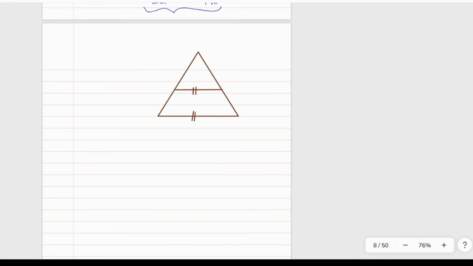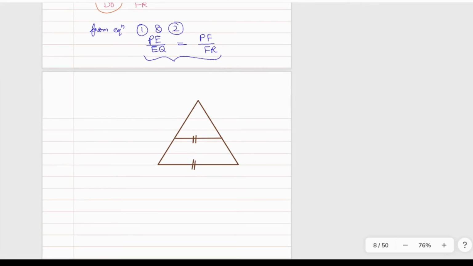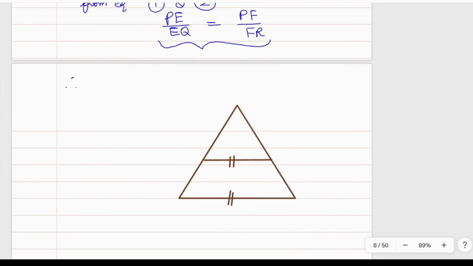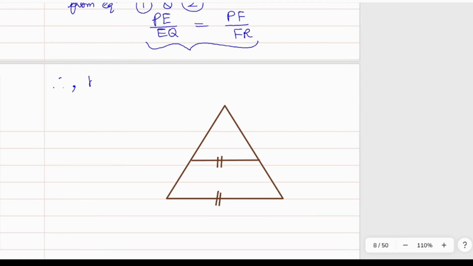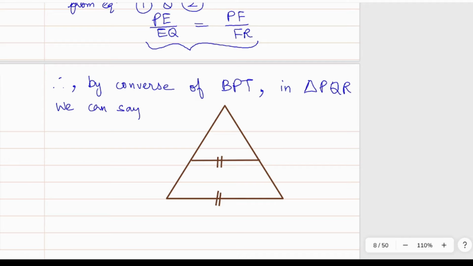At the end, we had to write, therefore, by converse of BPT theorem, in triangle PQR, we can say that EF is parallel to QR, hence proved.